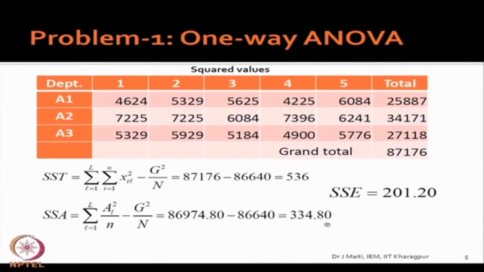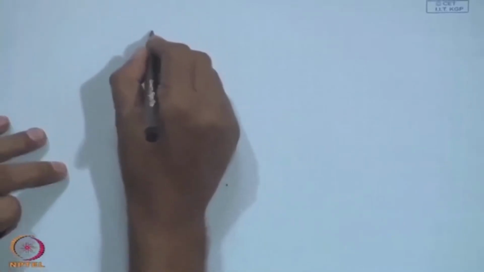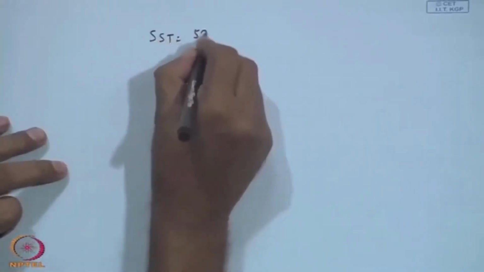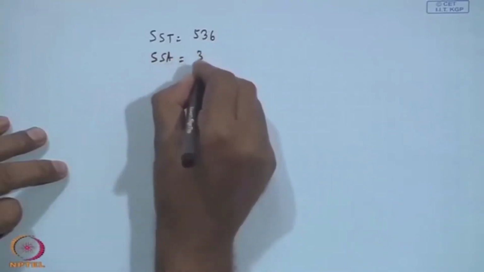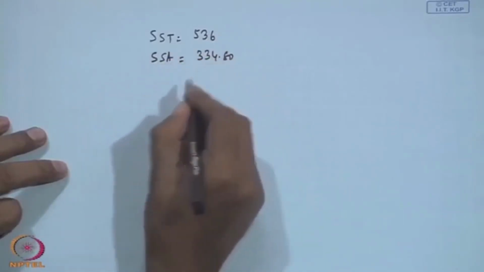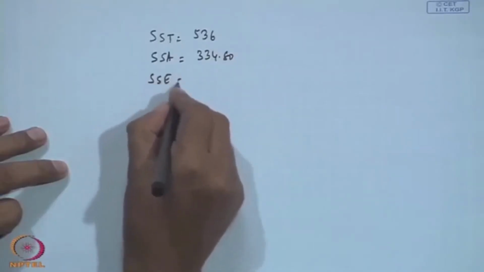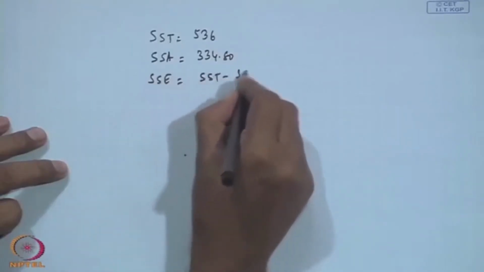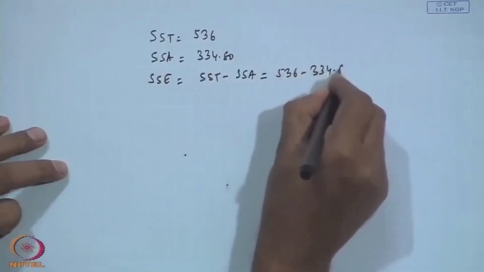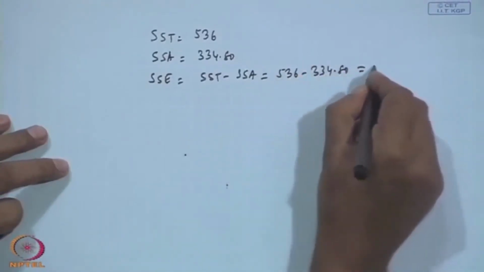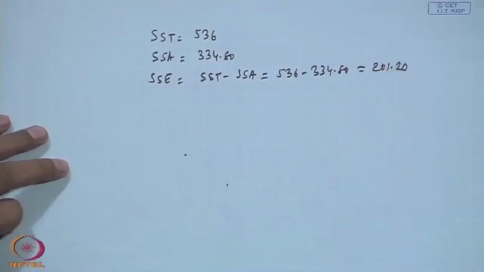So then we have SST equal to 536, SSA equal to 334.80, and SSE equal to SST minus SSA, which is 536 minus 334.80, which is 201.20.